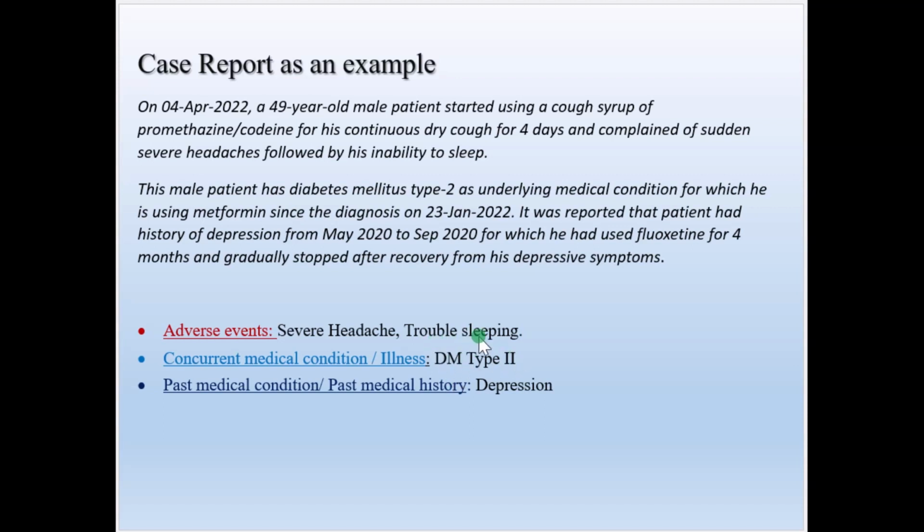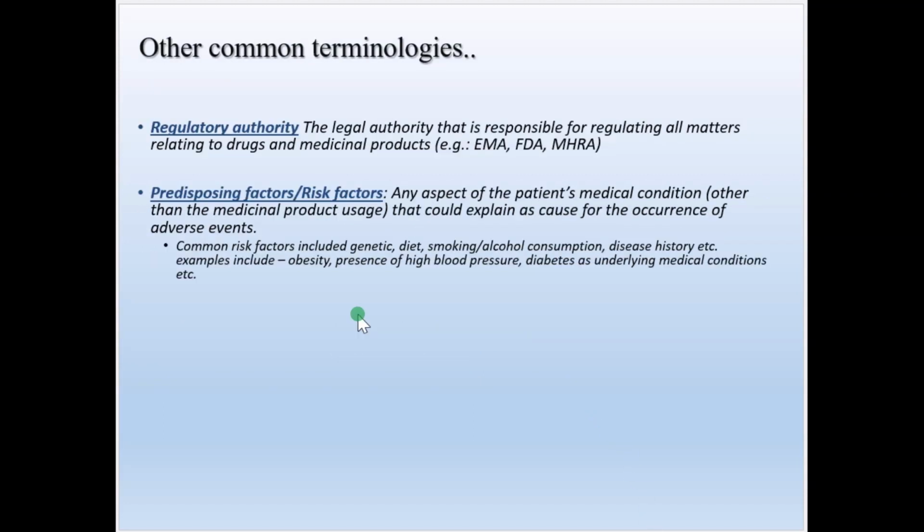The patient's underlying diabetes mellitus type 2 is the concurrent medical condition. And the patient's depression in 2020 is the past medical history. Hope you got an idea of what a suspect medication, concomitant medication, and past medication are, and what we need to consider as concurrent illness and past medical conditions.